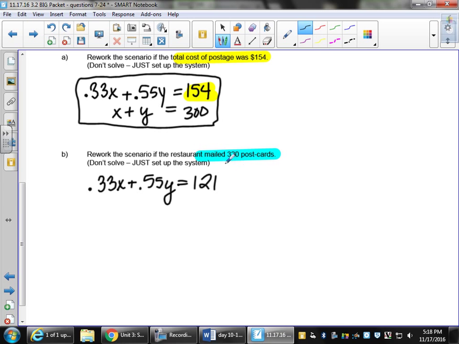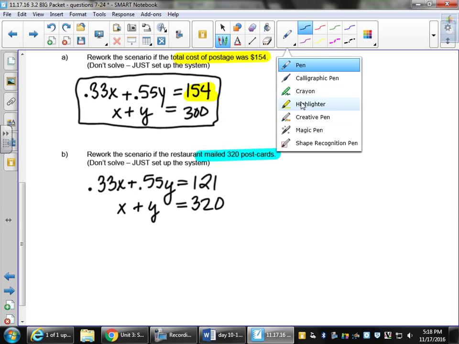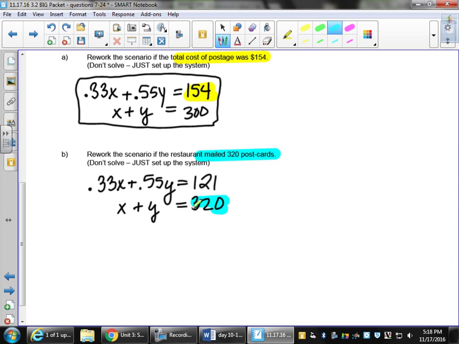But now I've got this total number of 320. So x plus y equals a total number of 320. There's the change. The total number has changed. Again, it says don't solve, just set it up. You have followed those directions, you set it up, so you are done.